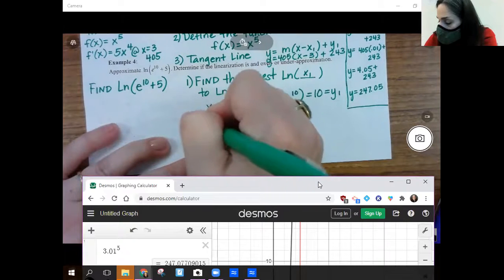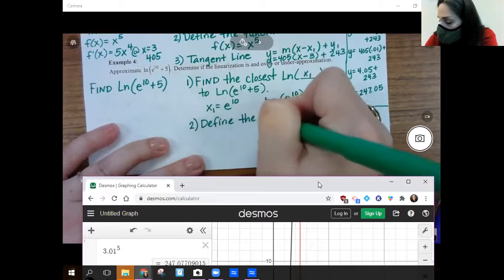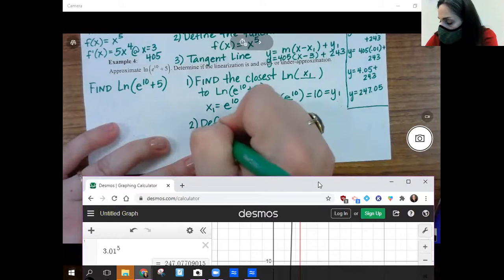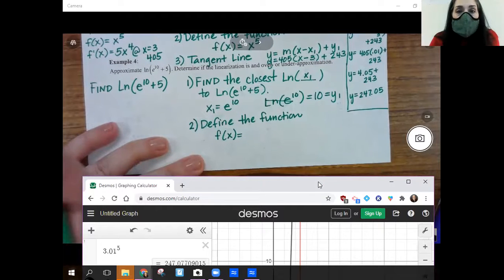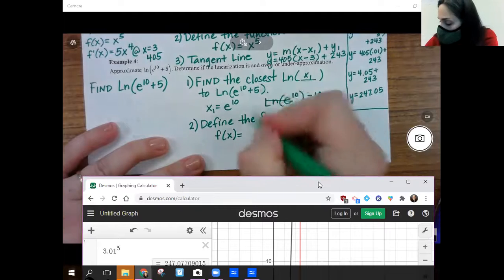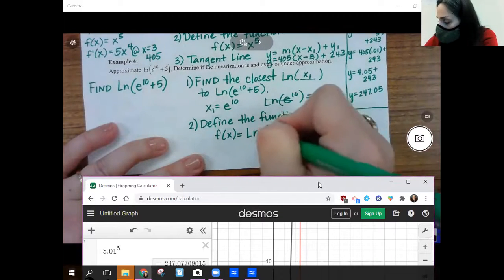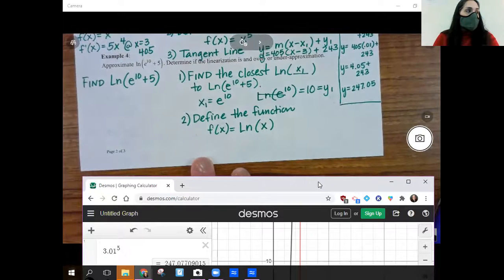Now, your second step is to define the function. Okay, so your function is, you're taking the natural log of something. That's what you're doing, okay? So it's the natural log of x. Yeah, you have e in there and all that good stuff.